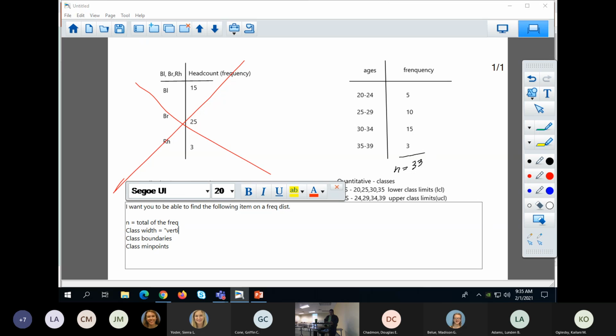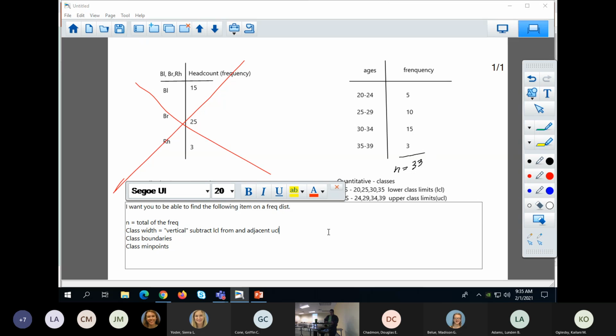And that means subtract a lower class limit and the corresponding, I'm going to say adjacent, upper class limit.